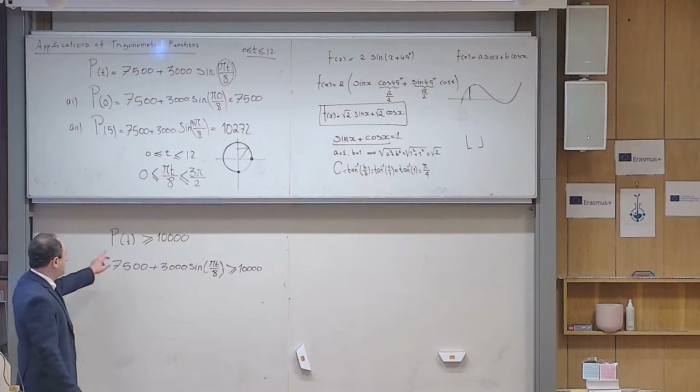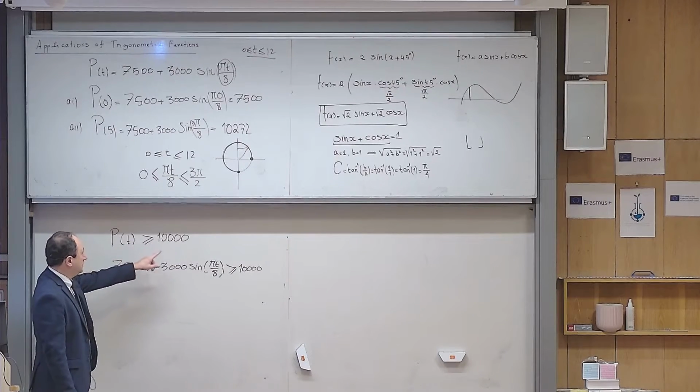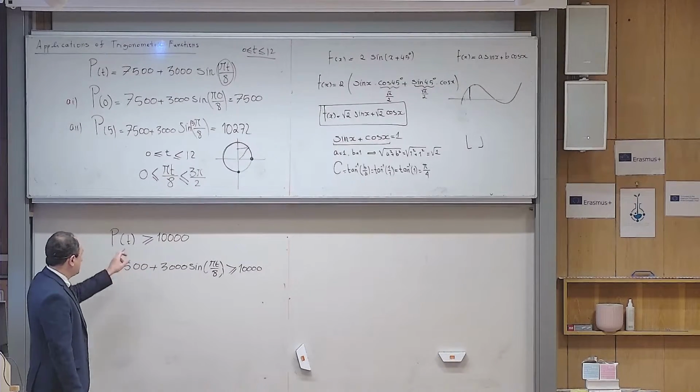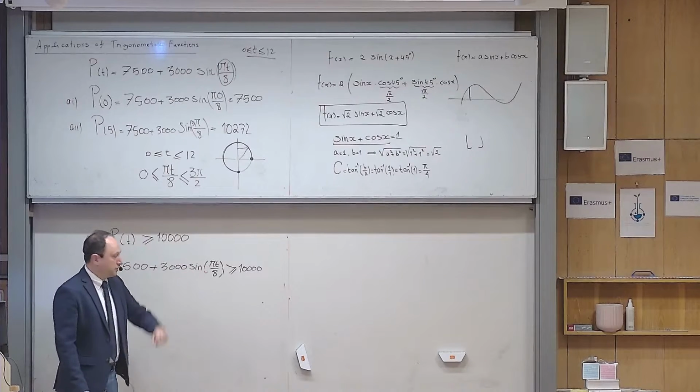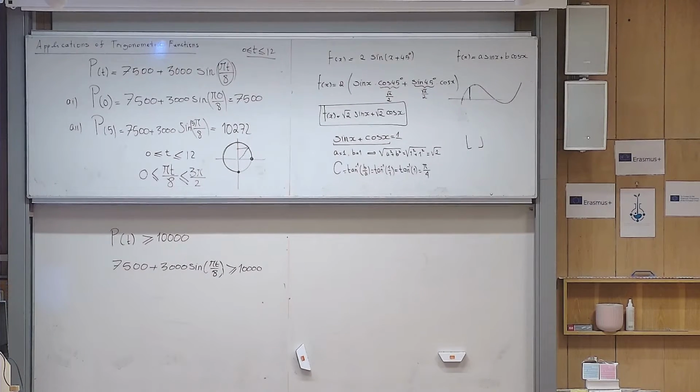So I want to have the population greater than or equal to 10,000. So instead of P of T, I write this, and then I want to solve this inequality. So let us see, by the way, whether we can use the graphical tool to solve it or not. So let me just type things in.